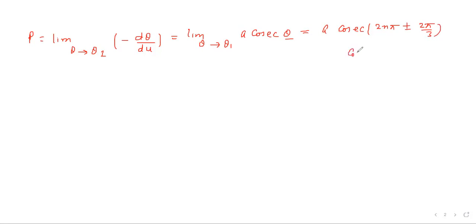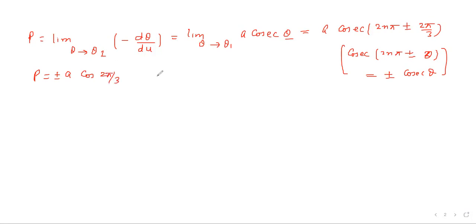We know that cosec of 2n pi plus minus theta gives plus minus cosec theta. So from there, we will get p equal to plus minus a cosec 2 pi by 3.